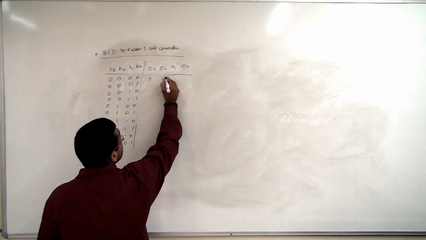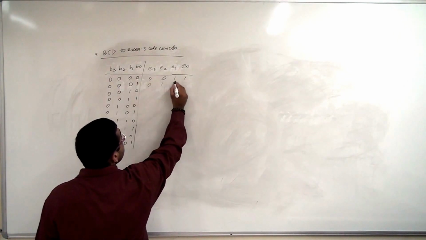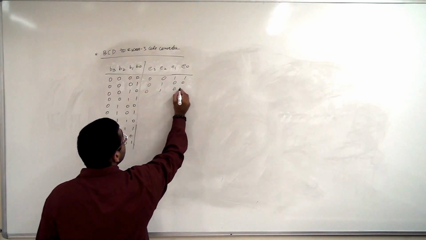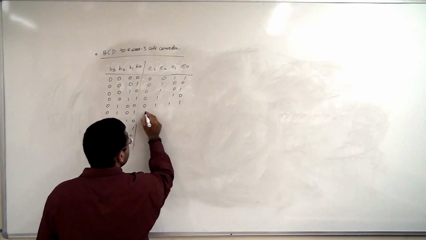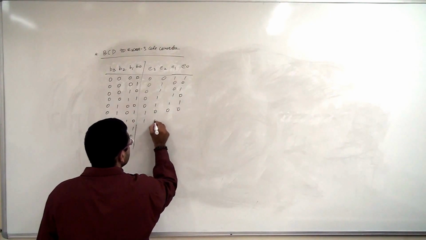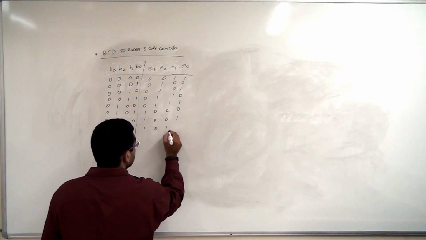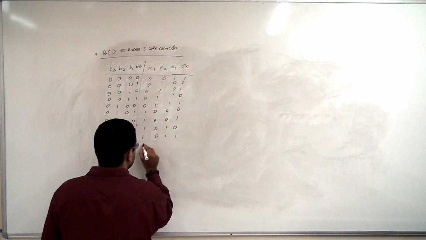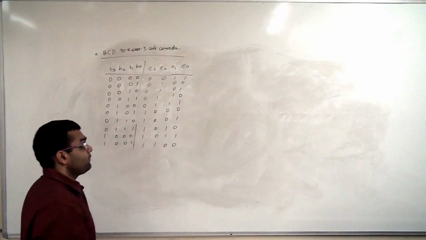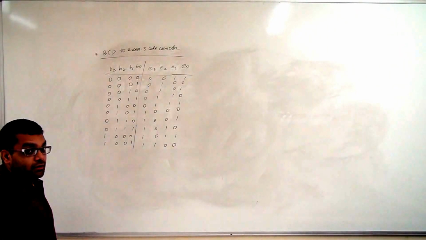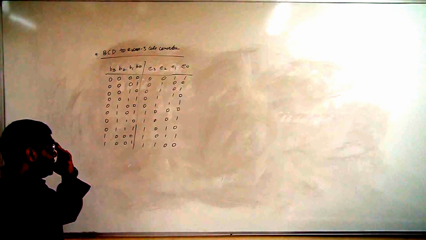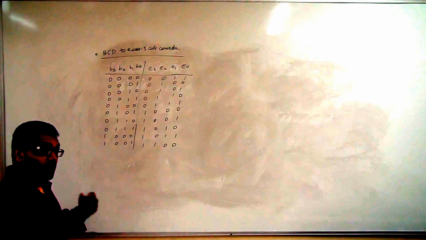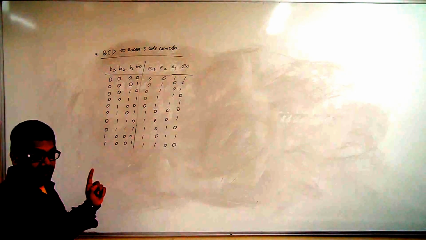XS3 code is, alright. Now for each one of them we cannot go directly, because addition by 3 we cannot show. So how do we go? We go by the route of K-maps.